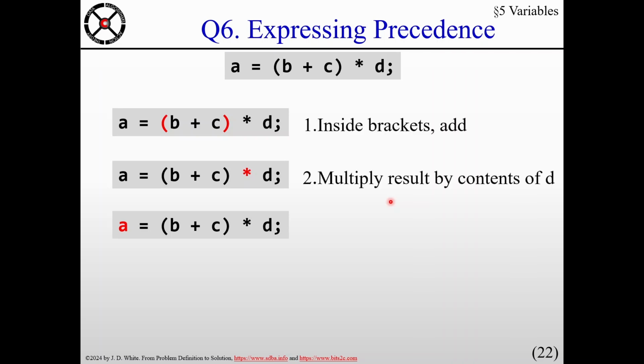Inside brackets are first, outside multiplication, and then placing them into container A. On the left side is the container you're putting something into. On the right side are the containers you're taking the values out of. So you're taking the values out of the containers on the right-hand side, doing the operation, and placing the answer into the container on the left side.